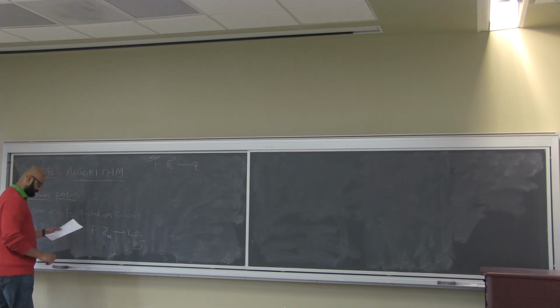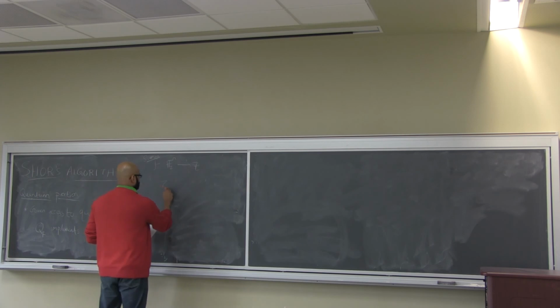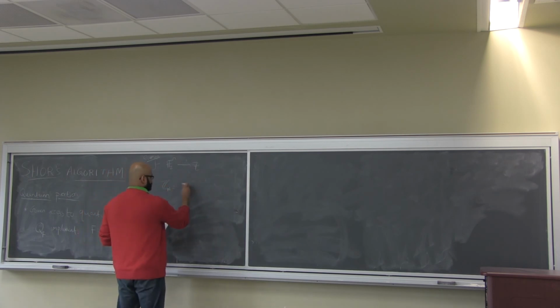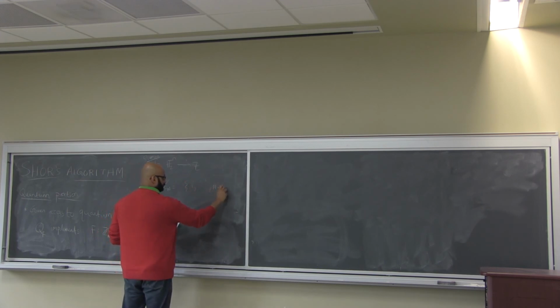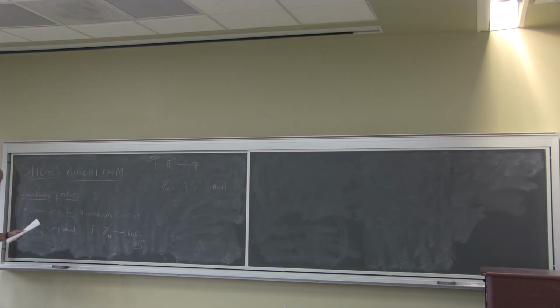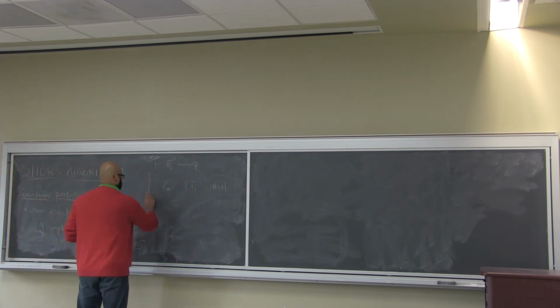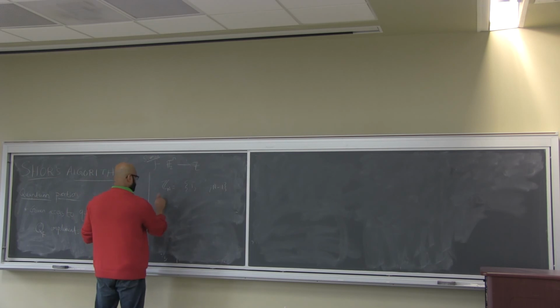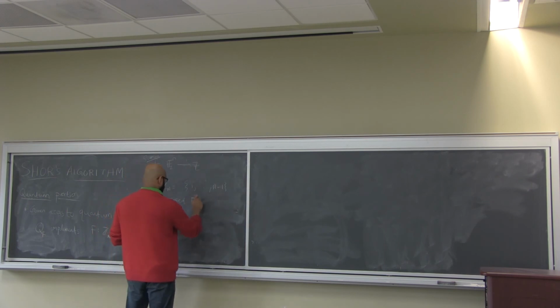And the Z_n, as I explained, are basically the integers 1 up to n minus 1. Okay, that was what we introduced in the last class. And this function f, we are promised, is L periodic.